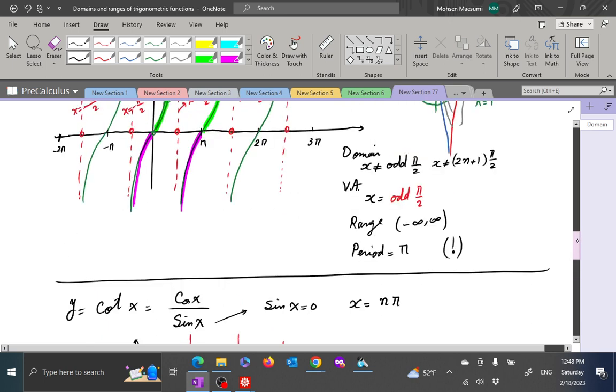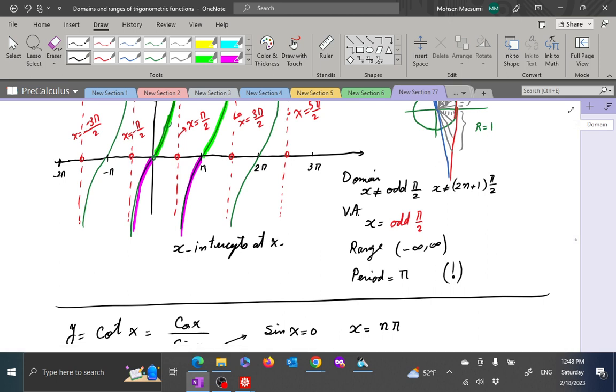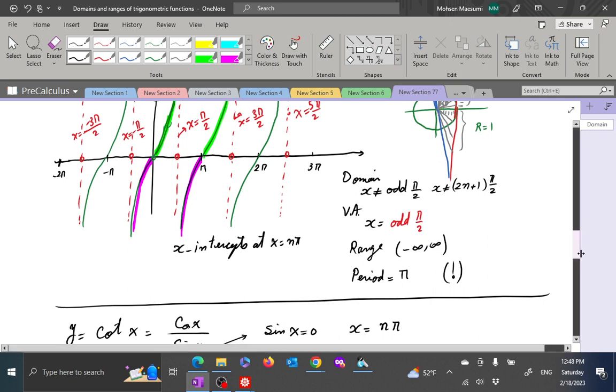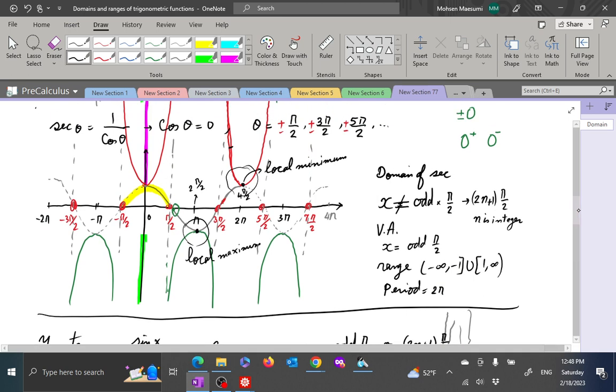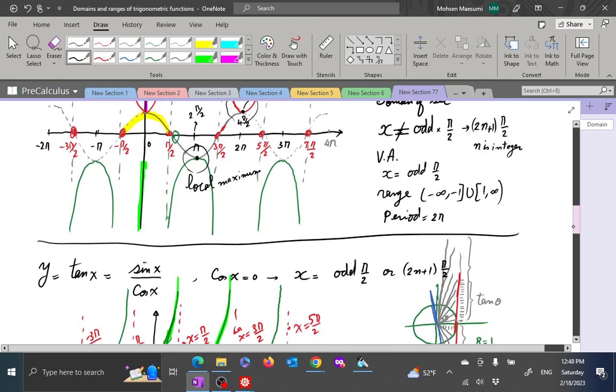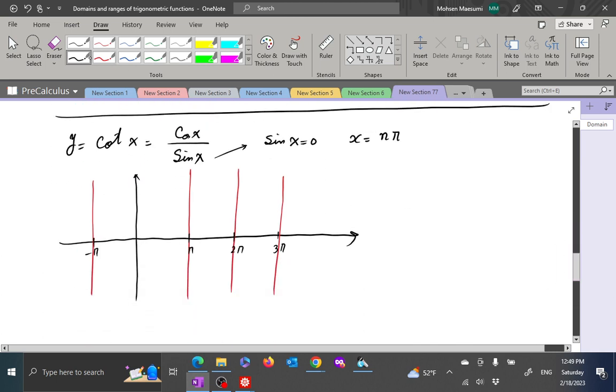Maybe something we wanted to mention here. Did we mention the same thing for all of them? This has no x-intercept. Tangent has an intercept. Cotangent has an intercept.